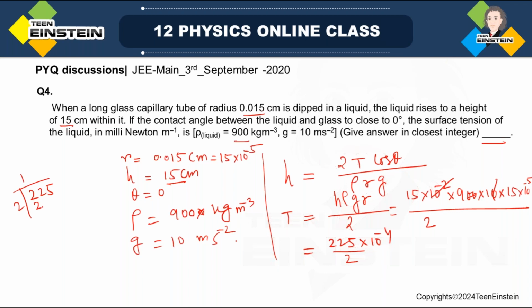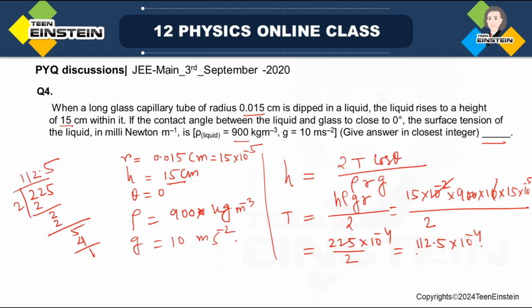So this will be 4.5. So 112.5 into 10 to the power minus 4.